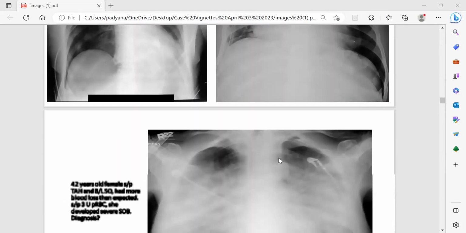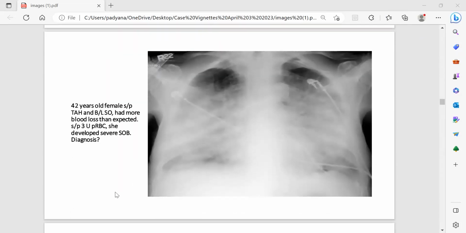This is nice, you'll get it in the exam. Bat wings sign. Read the history. We'll read the 32-year-old's X-ray.